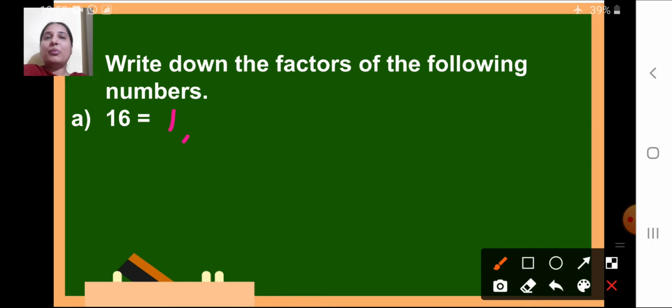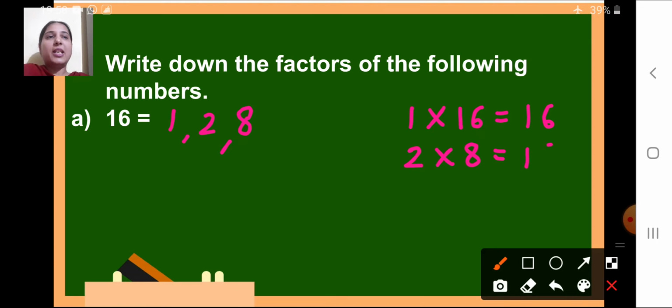Yes, 2, isn't it? 2 eights are 16. So 2 and 8 both are factors of number 16. I will write here: 1 sixteen times gives 16, then 2 eight times gives 16, or vice versa, 8 twos are 16.